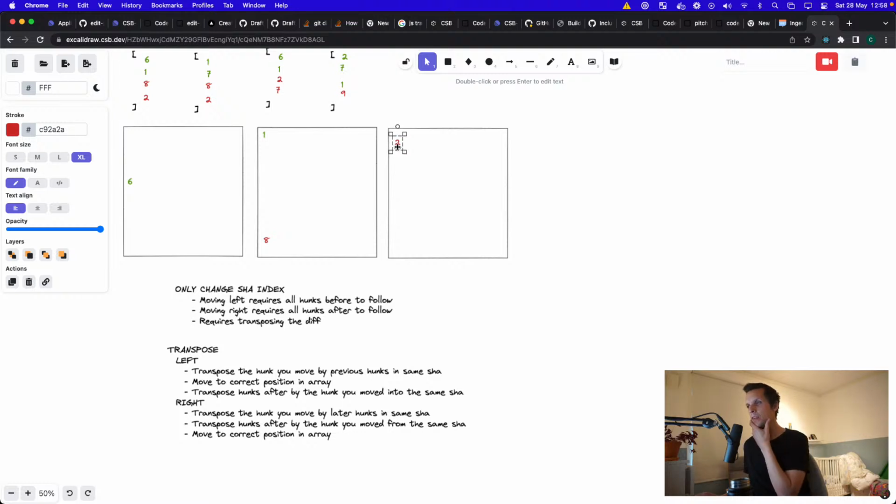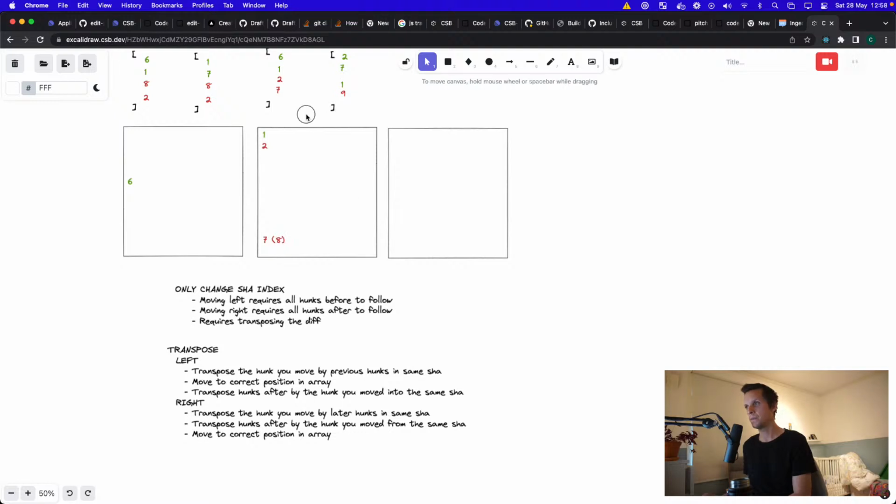I'm moving it left. There were no previous hunks, so it doesn't get transposed. I move to the correct position in the array, and I transpose the hunks after. So now this happens on line 7 instead. And I move. Yeah, so that's what I'm missing here.